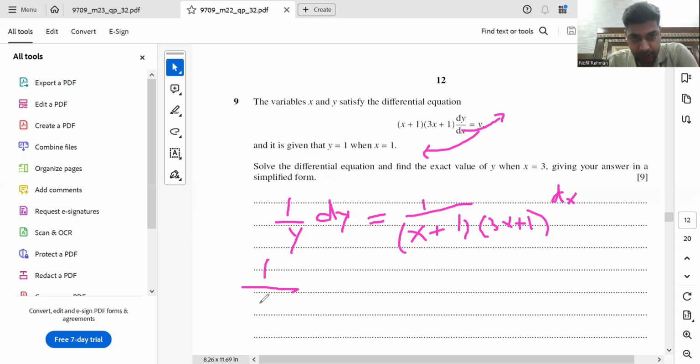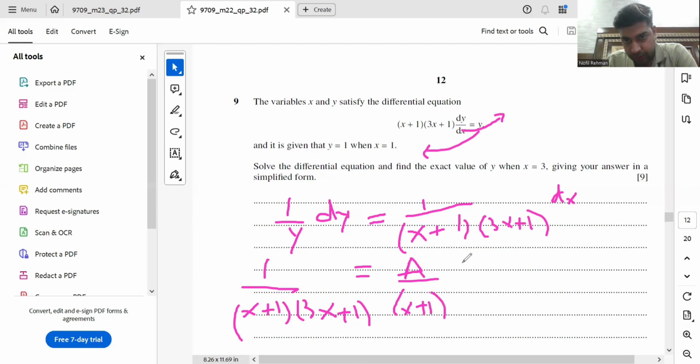So 1 over (x plus 1)(3x plus 1) would be equal to A over (x plus 1) plus B over (3x plus 1).